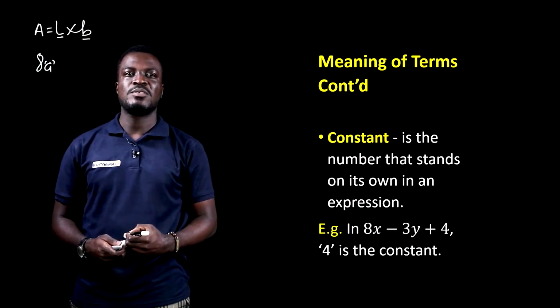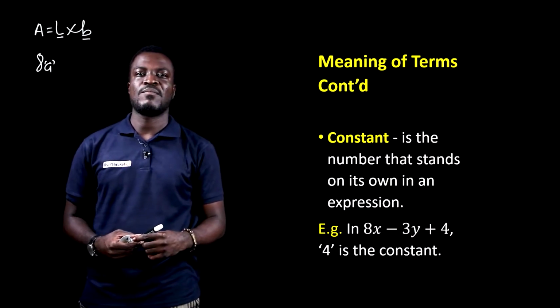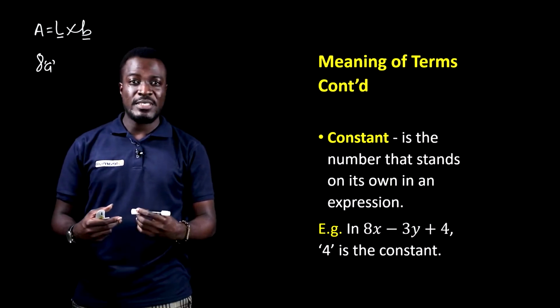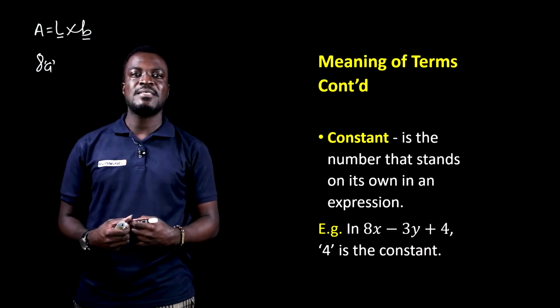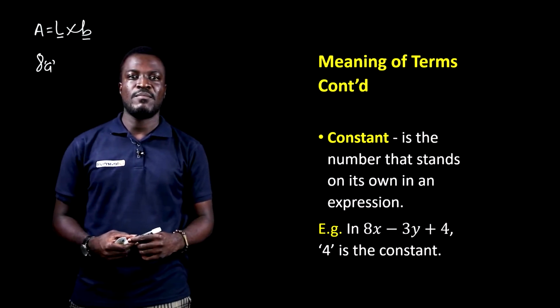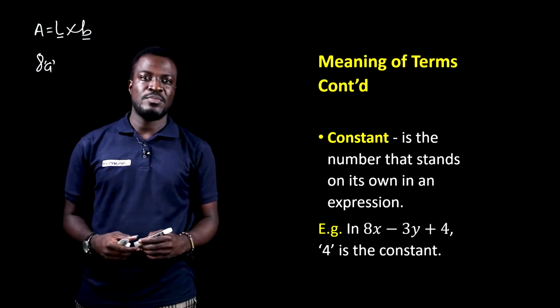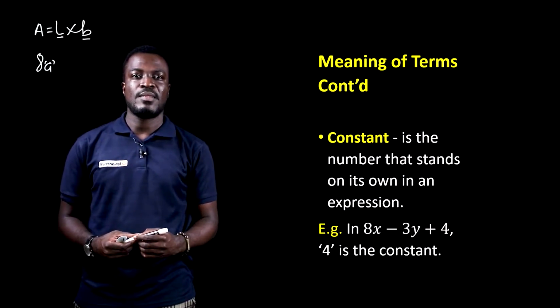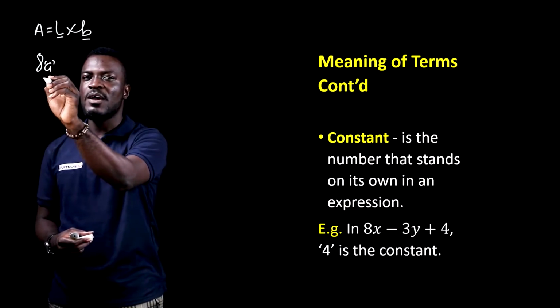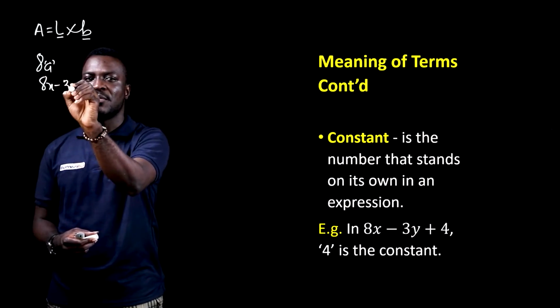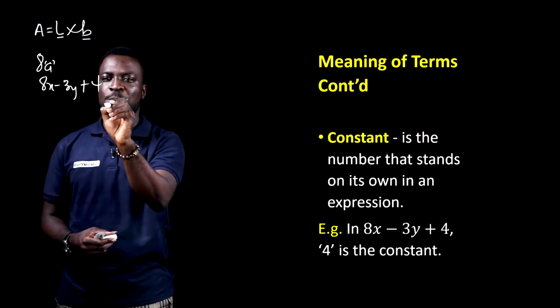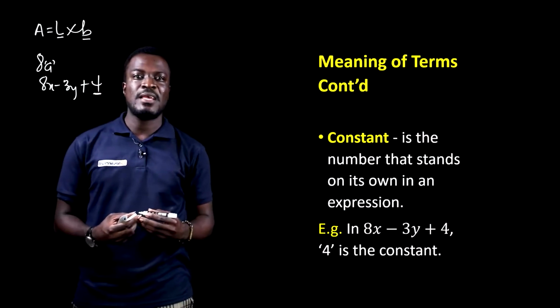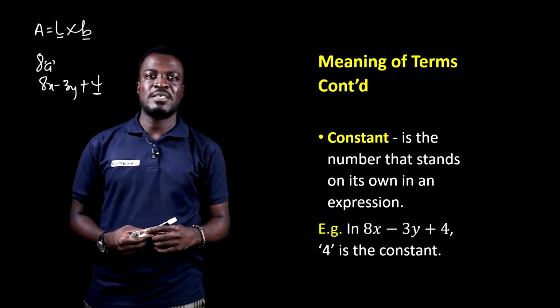Now let's look at what constants are. When we say a constant, it is the number that stands alone in an expression, or it stands on its own. So constants have no variables attached to them. For example, if we have 8x minus 3y plus 4, this 4 is a constant because it is standing on its own.